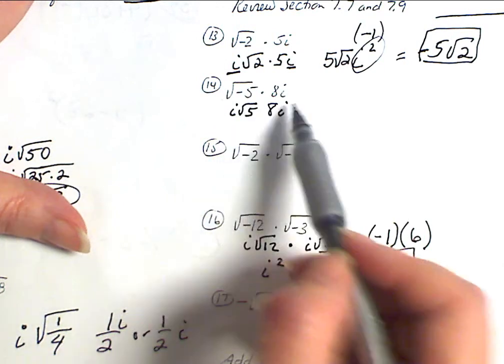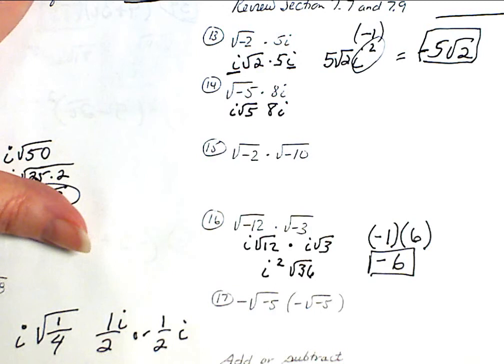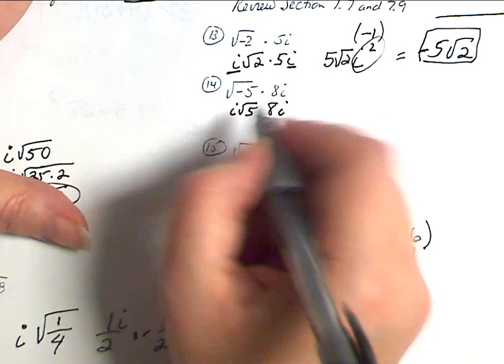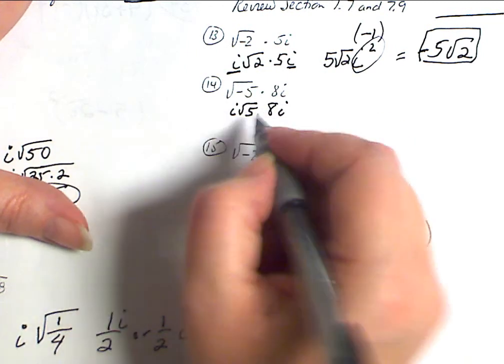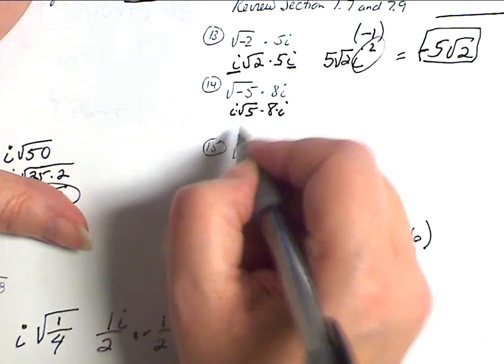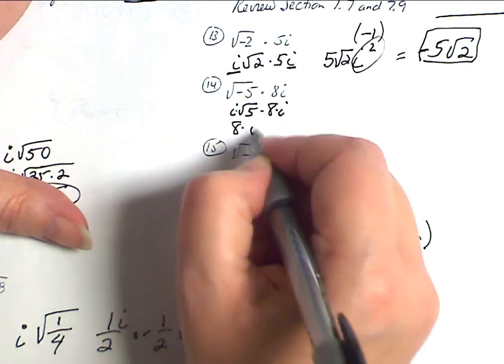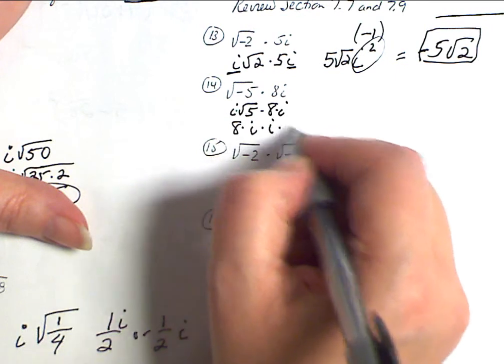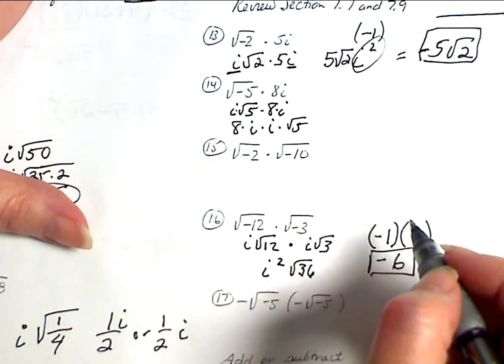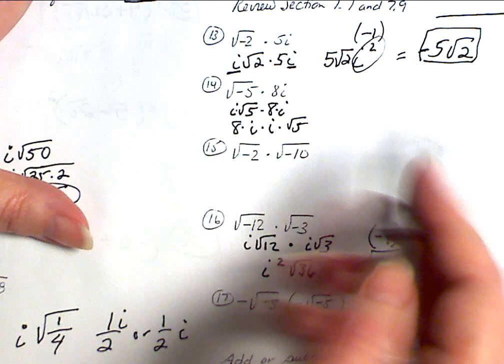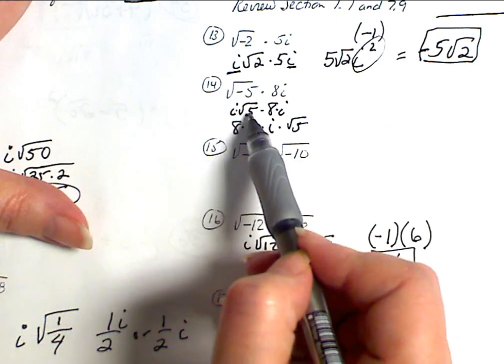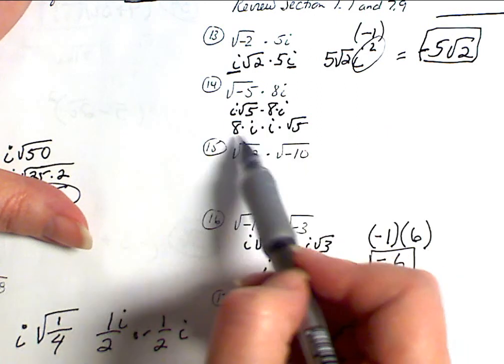Now you can rearrange it just like Josh did last time, because remember these are all just multiplications. If you wanted to, you can rearrange it 8 times i times the square root of 5.